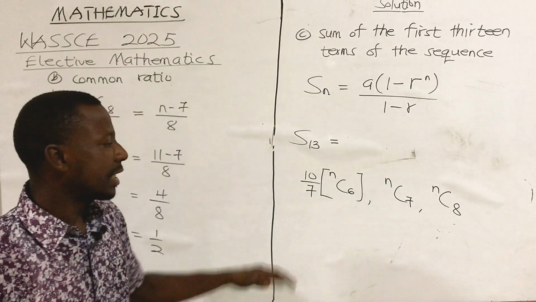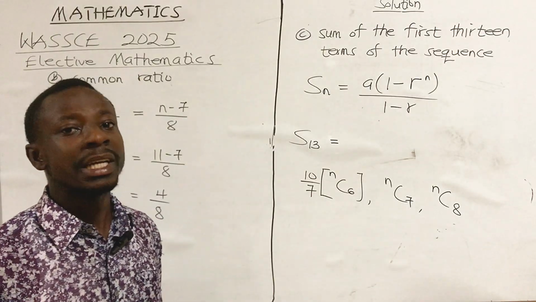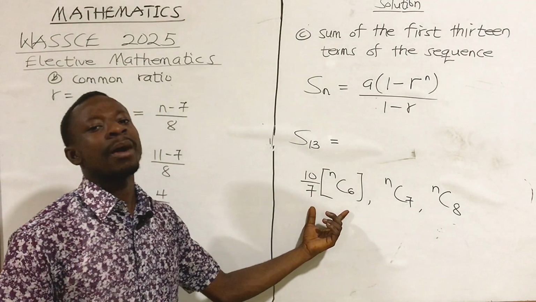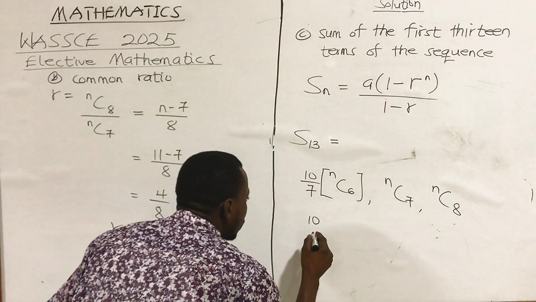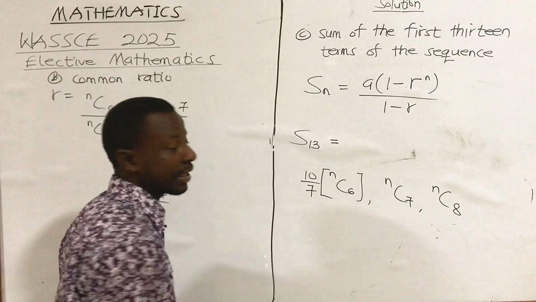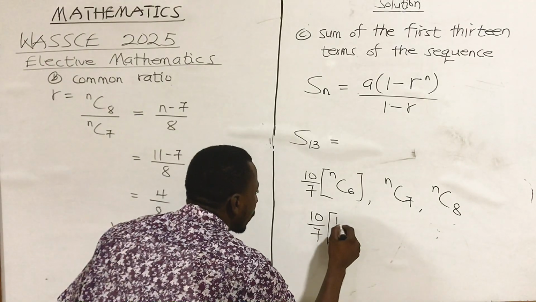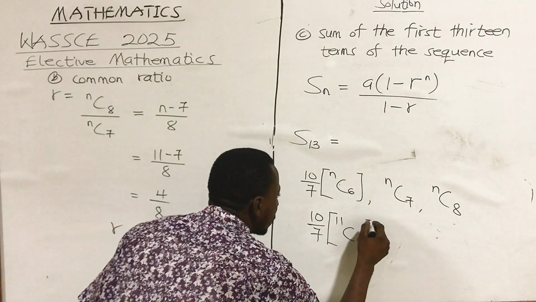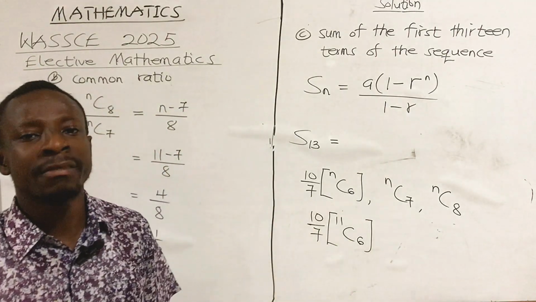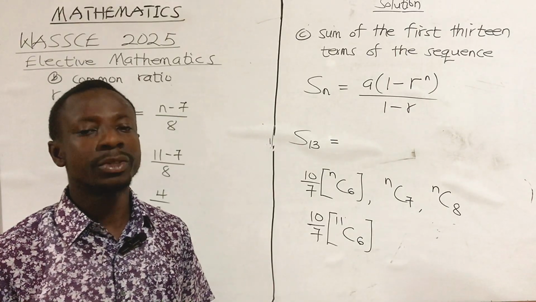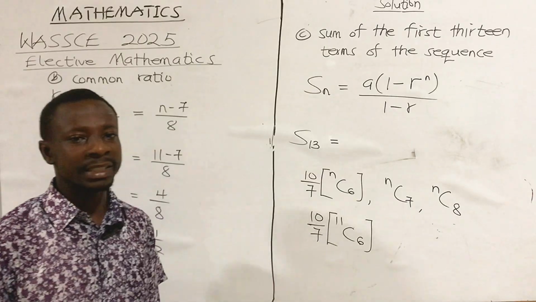And the question said these are the first 3 consecutive terms. This means that this will be our first term. So the first term is 10 over 7 multiplying 11 combination 6. And I'm using 11 here because we had the value of n to be 11.